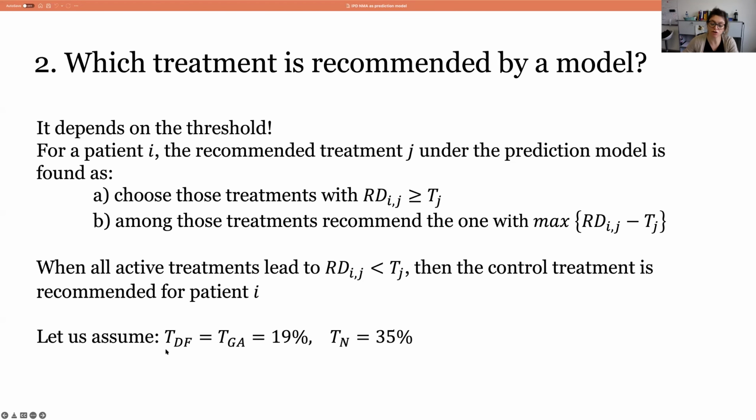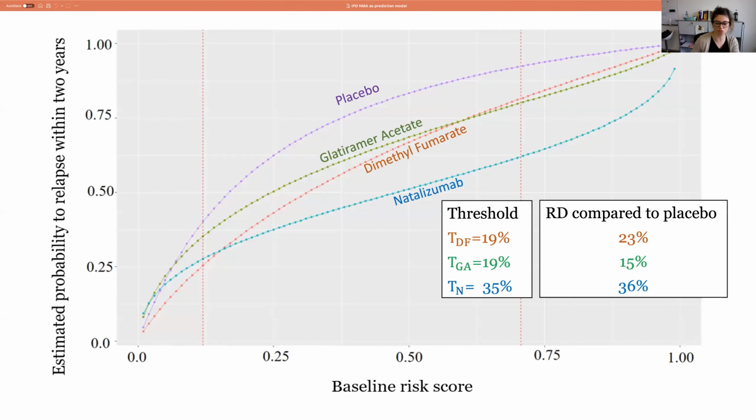Because these drugs are older, but not without side effects at all, and actually one of them you need to get an injection in the hospital, it's not that the threshold is 0. Let's say the patients need to see at least a benefit of 19% before taking it, and 35% for natalizumab.